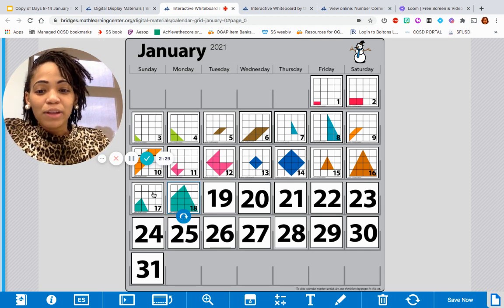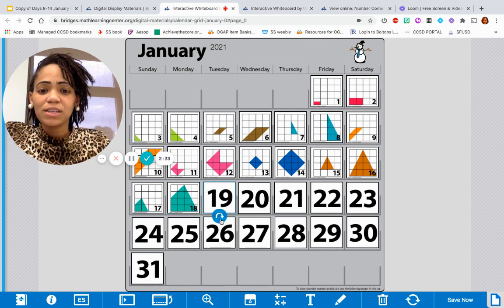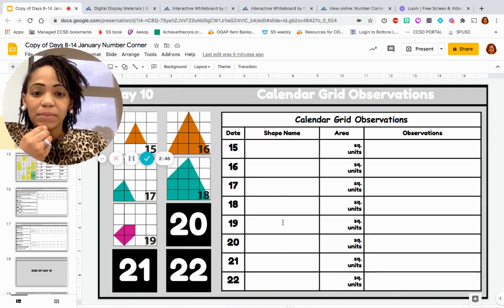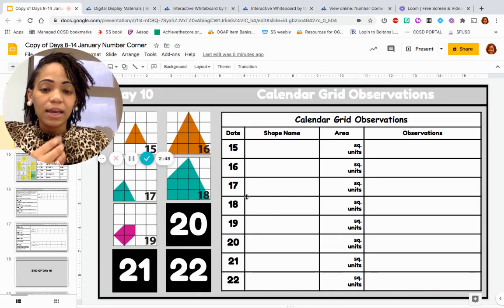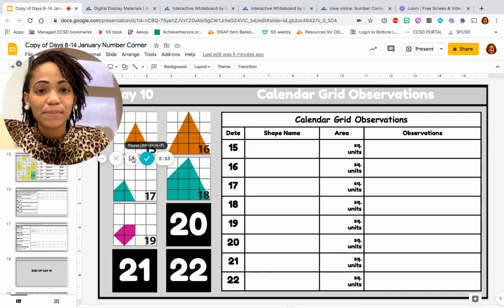So quadrilateral, quadrilateral, and then we are at today, which is the 19th, and it looks like we have a pentagon, right? A pentagon is a 5-sided shape. So let's get ready to fill in our shape names, the area, and we can discuss any observations that you may notice with these shapes.